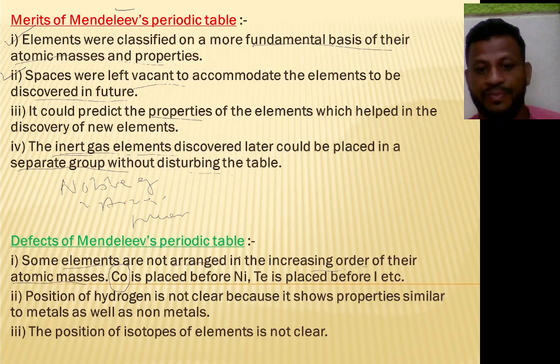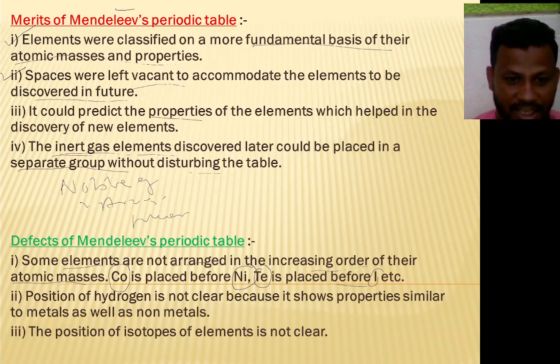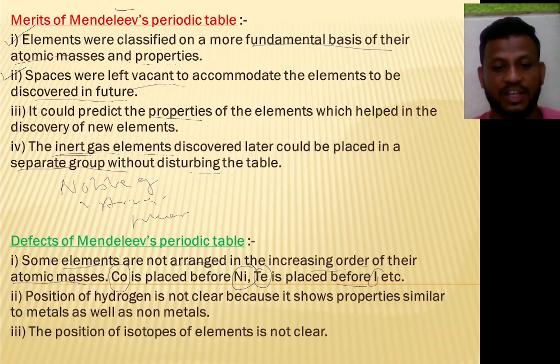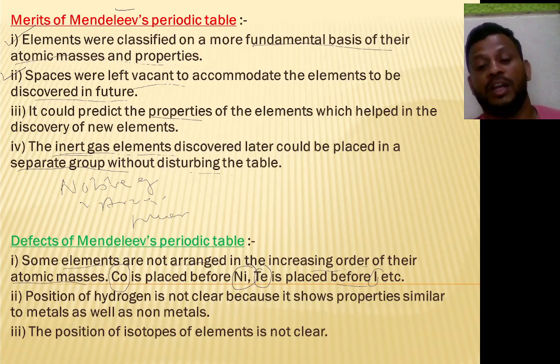Co, Ni, Te is placed before I, etc. These elements are not arranged in the periodic table according to their atomic mass.